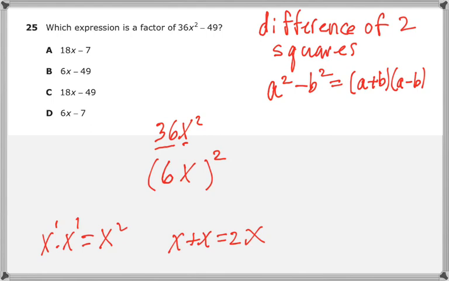So this is our a value here. We're going to plug it into our formula in a second. Ignore the squared part here, but our a part is just the 6x. So let's write over here, a equals 6x. Now we want to find our b value. Let's take the 49.